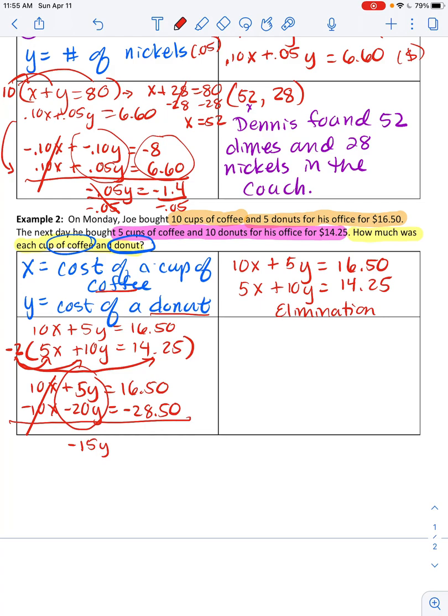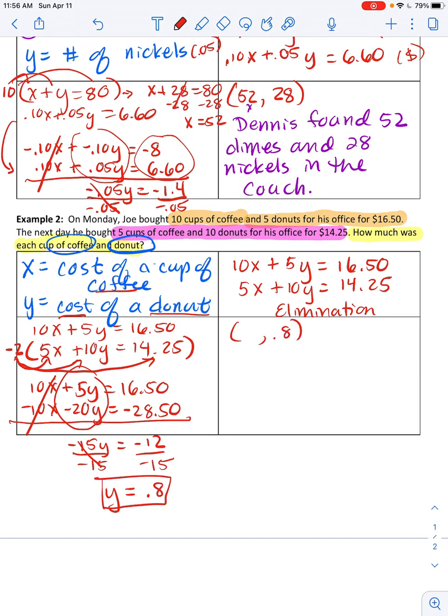If I have 1650 and then a negative 2850, I end up with negative 12. So when I divide by negative 15, I get y equals negative 12 divided by negative 15. I get 0.8, which at first seems like it's not the right answer, but keep in mind we're talking about the cost of a donut for y. So ultimately that's going to mean 80 cents.